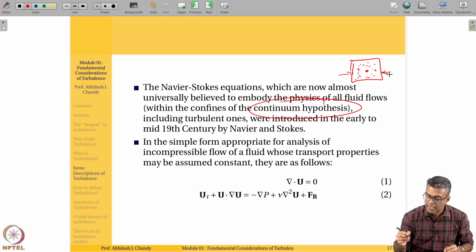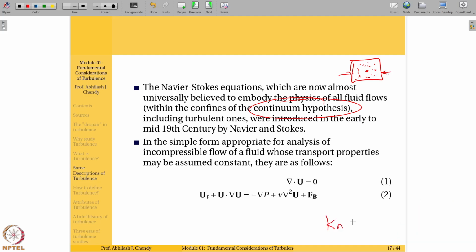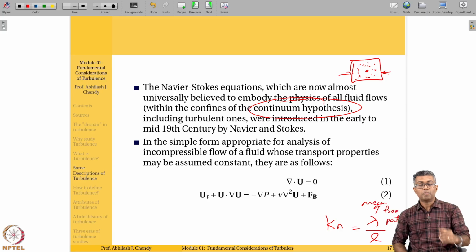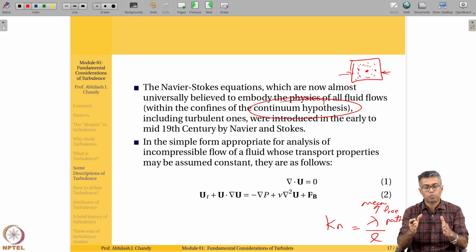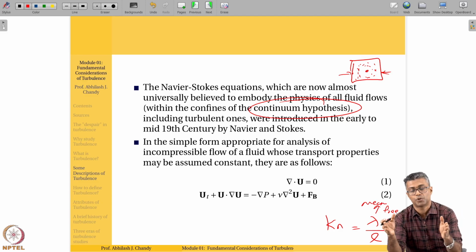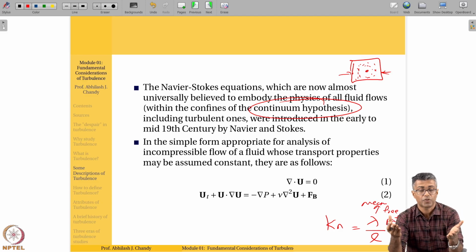That is determined by something called the Knudsen number, which is defined as lambda over L. Again, we are bringing in the L, and L is again the characteristic length scale. Lambda is the mean free path. The mean free path is the average distance one molecule has to travel before it collides with another molecule. So obviously that is going to be a pretty small number, right?